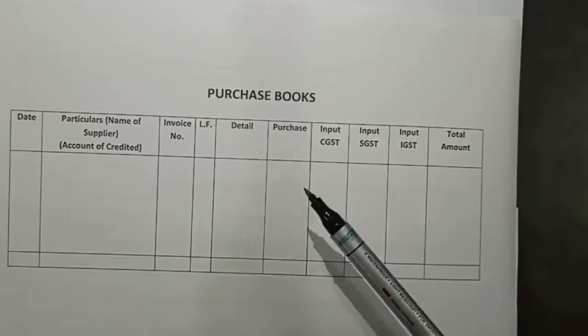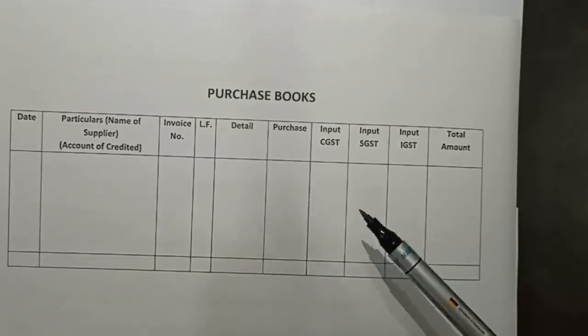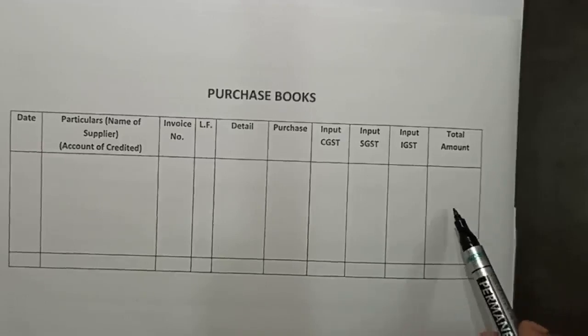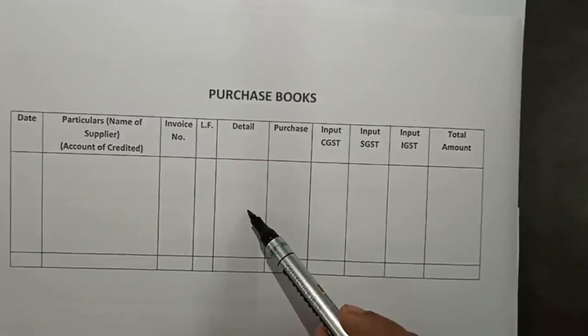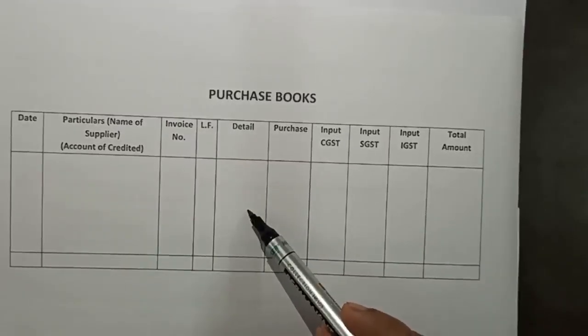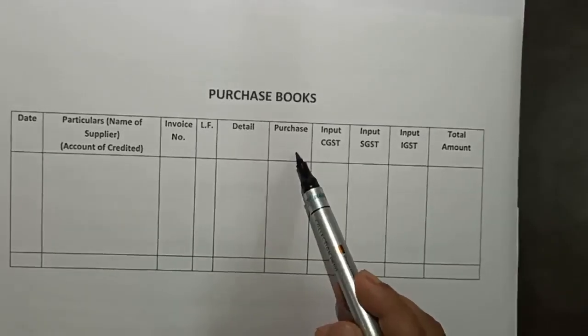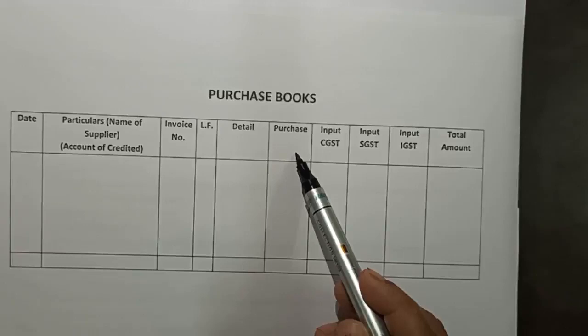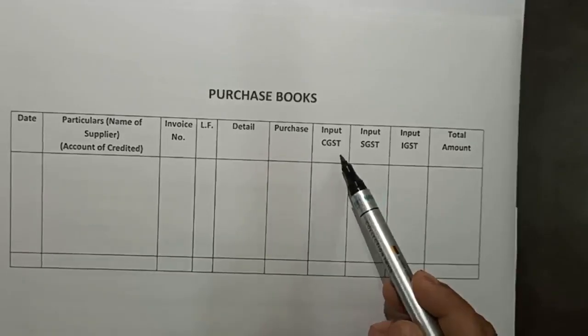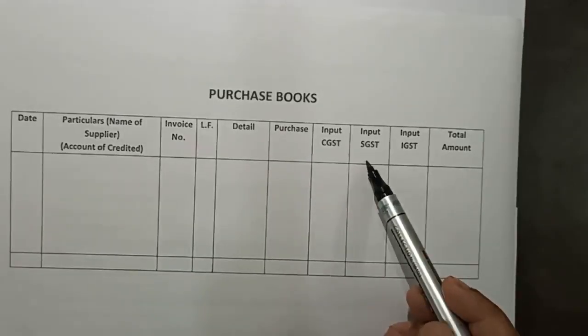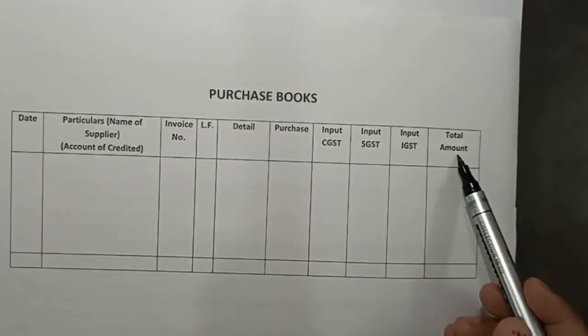So, in this way we are going to have this total here also, and in the detail column also we will have the total. That is the total of what? Purchase of goods or raw material minus trade discount plus GST, that will be equal to your total amount.